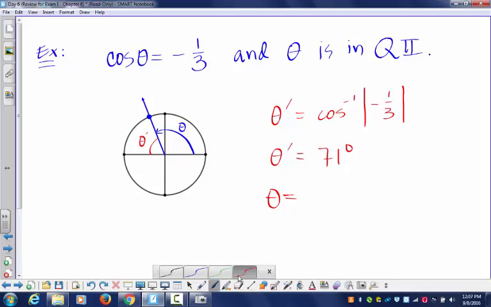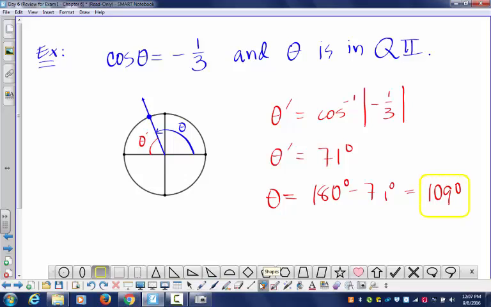But when you look at that picture, what's theta have to be? 180 minus the reference angle. So we're going to do 180 minus 71, and that's going to be 109. That make sense?